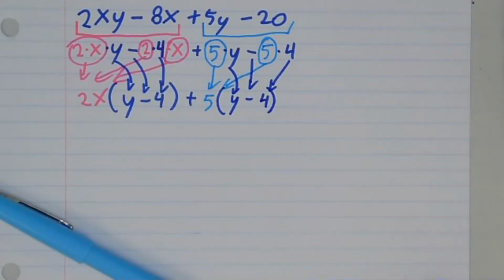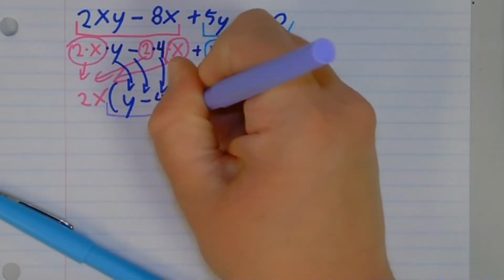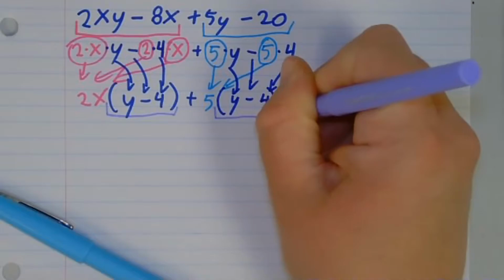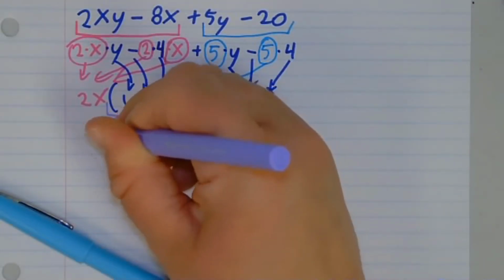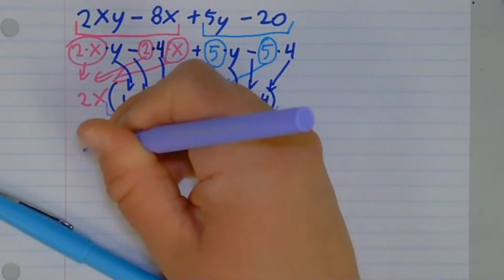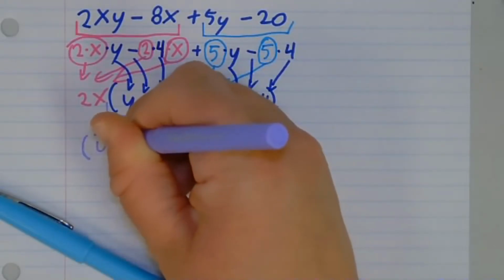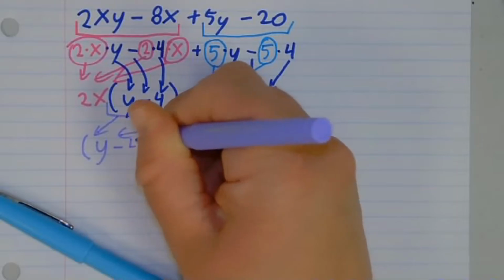And then, since now I have two things that are each multiplied by y minus 4, this is multiplied by y minus 4, and this term is also being multiplied by y minus 4, I can factor a y minus 4 out of each of those terms. And I get y minus 4.